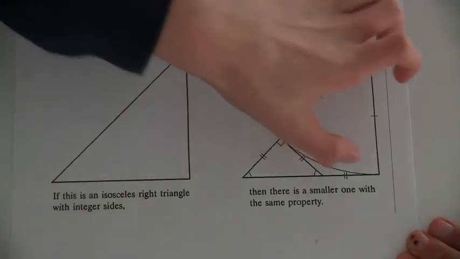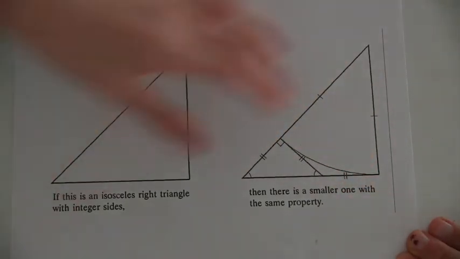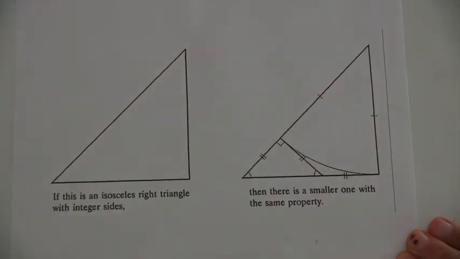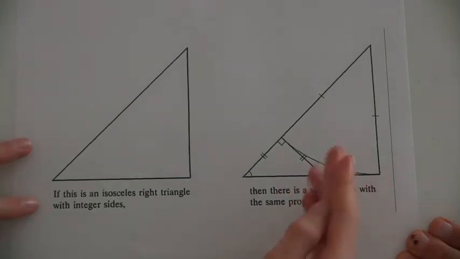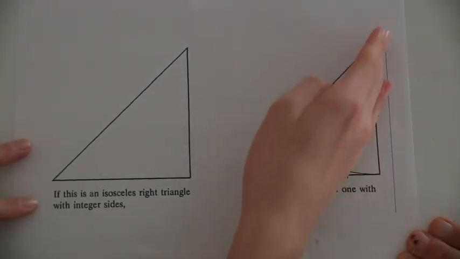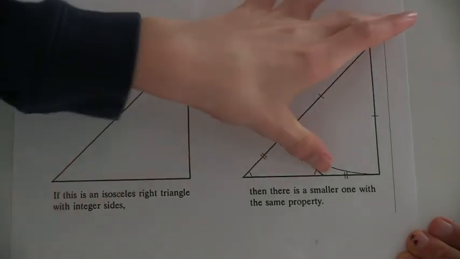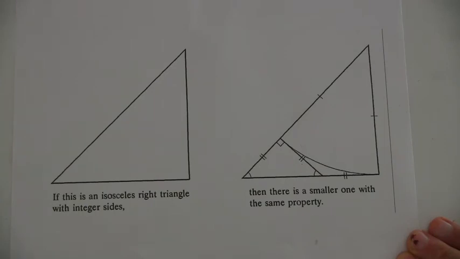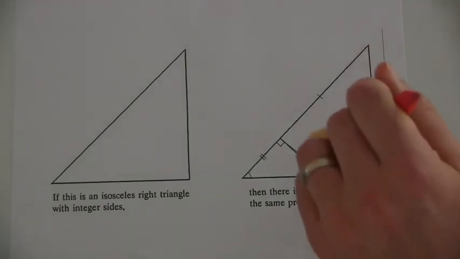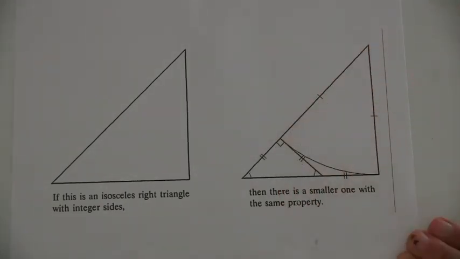So since these are the same side length, then if we could show that maybe we could slice here and create congruent triangles, maybe? Oh, that's actually a really good idea. If you drew a line in here, maybe you'd get two congruent right triangles. Yeah, that's a really interesting idea.